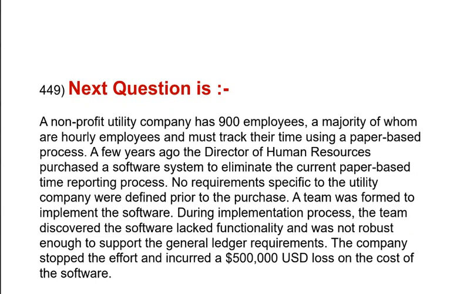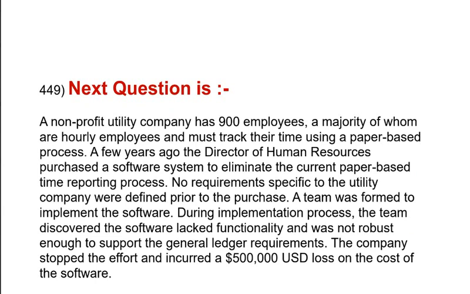Question is, a non-profit utility company has 900 employees, a majority of whom are hourly employees and must track their time using a paper-based process. A few years ago, the Director of Human Resources purchased a software system to eliminate the current paper-based time reporting process.